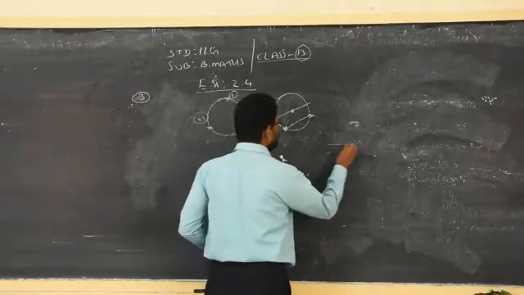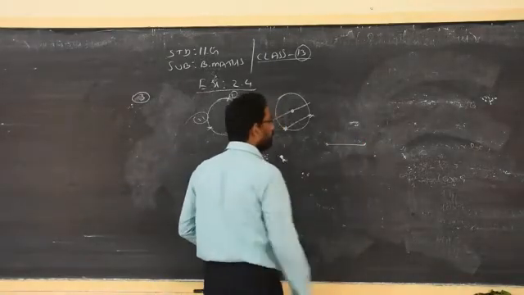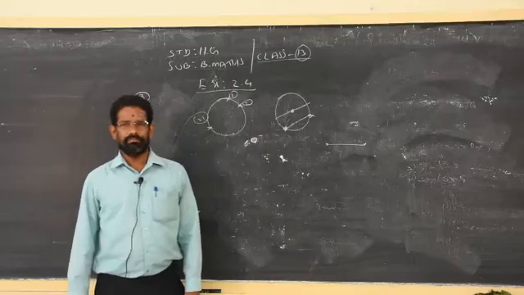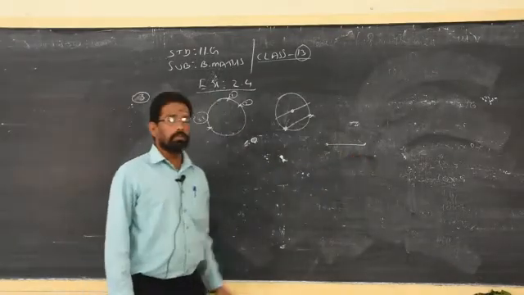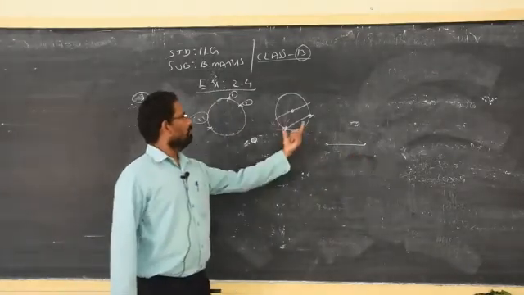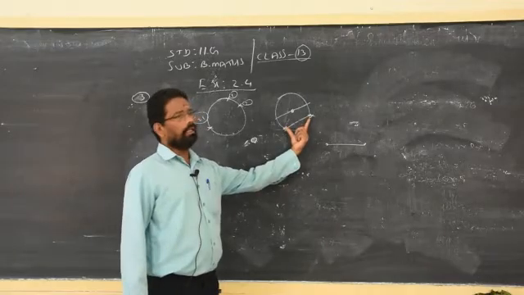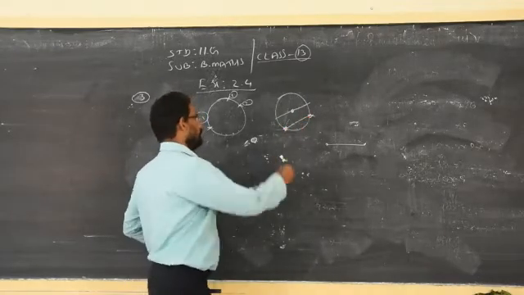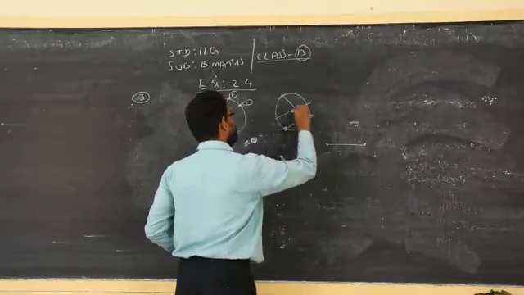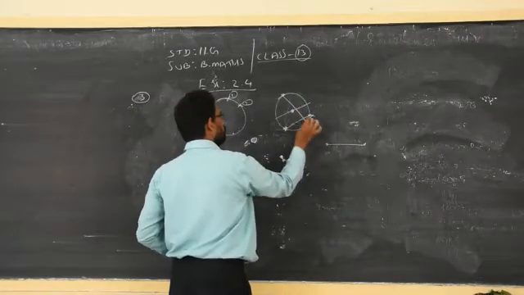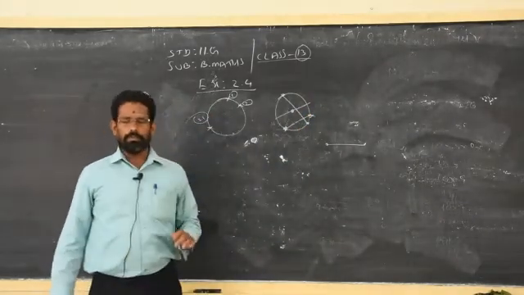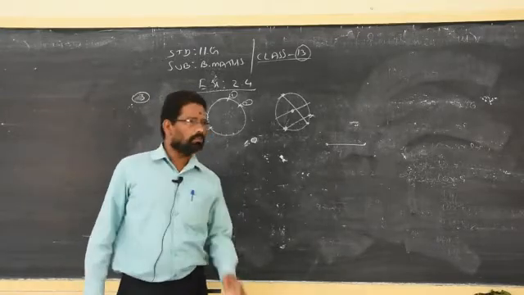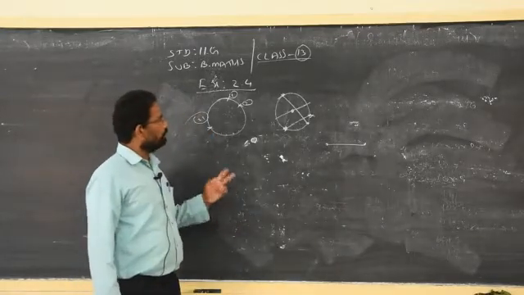To draw a line segment, you must have only how many ends? 2 ends. So you must have 2 points to draw one line segment. For a chord also, you should have 2 points. Wherever you draw, even if I am connecting these edges, I need 2 points. Therefore, to draw a line segment, you should have only 2 points.